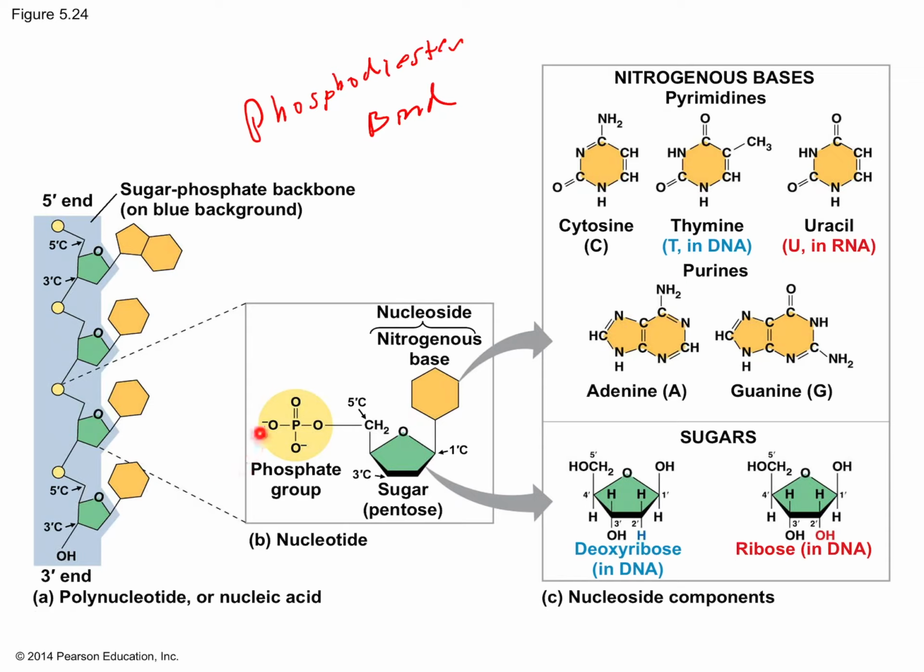Now, in DNA, what you'll have is a second chain, a second strand of DNA right here. So you'll have a sugar phosphate backbone with its bases coming off, and the bases will pair up with each other, adjacent to each other, and bond together. And DNA, therefore, is double-stranded as a result of that.